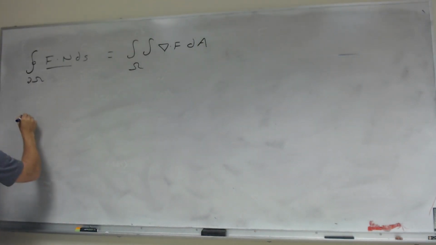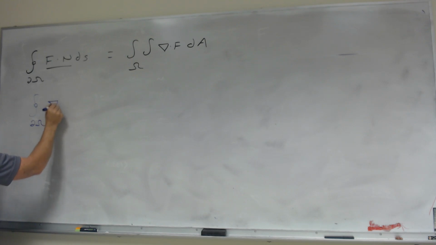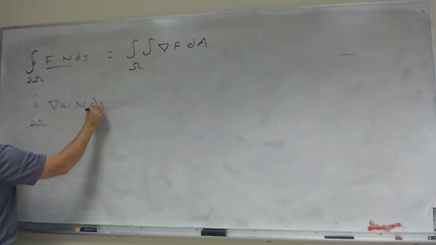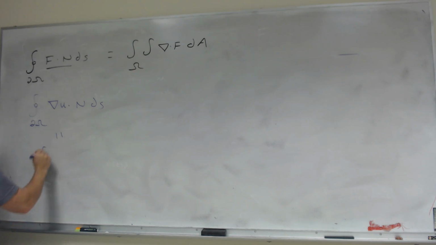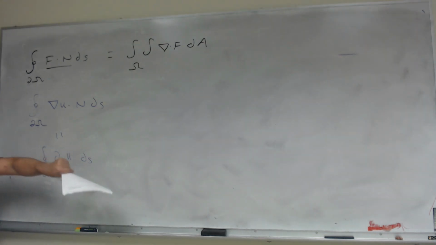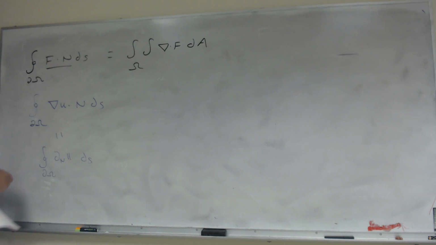Okay, so if I'm looking at something like this, the gradient of u dotted with n, the other notation for this is the normal component of u around the boundary. This is how much is flowing out of the boundary, or out of the domain through the boundary.